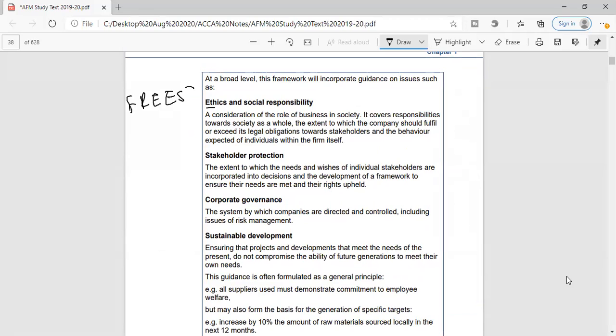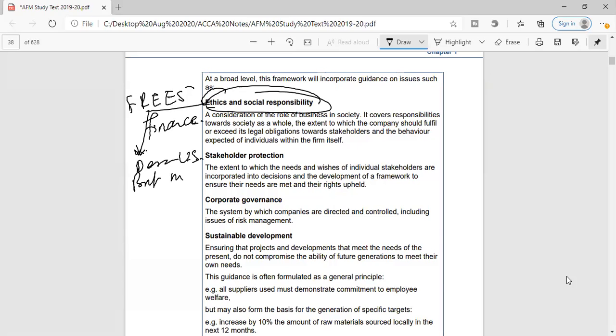Now, ethical and social responsibility. The question comes, why does the finance manager have to become an ethical officer? In fact, it often starts from finance. I had heard of an objection against a US company, and they started to boycott the product because they heard that the product was designed in the US but manufactured downtown in China, and that there was some human rights violation at the manufacturing site.